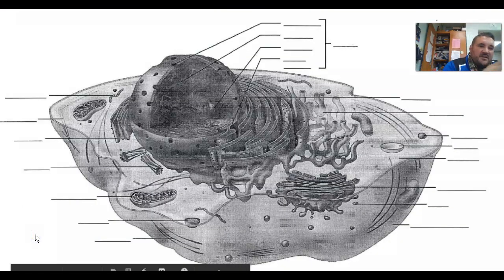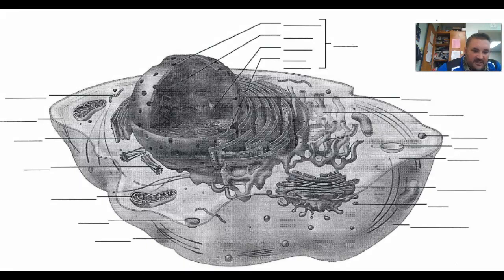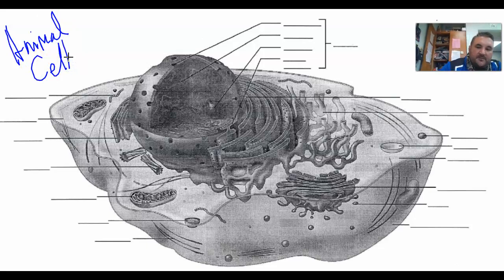All right, so this is an animal cell. And from time to time, we're going to come back and forth and label some parts of this. The first part was the cell membrane. This outer barrier here is our cell membrane.